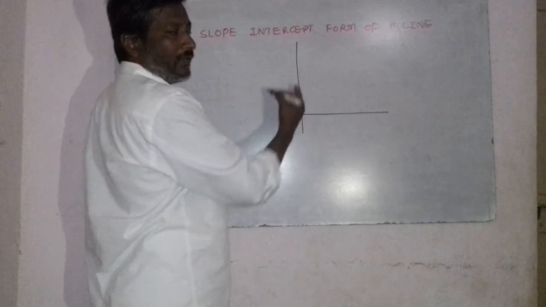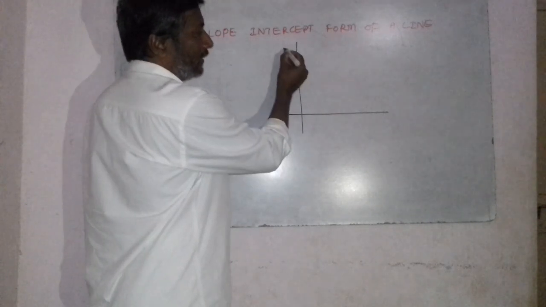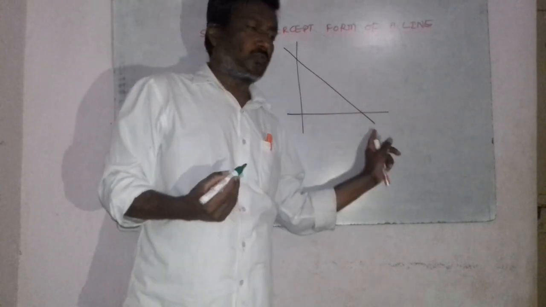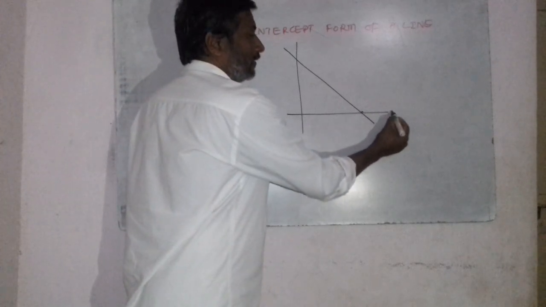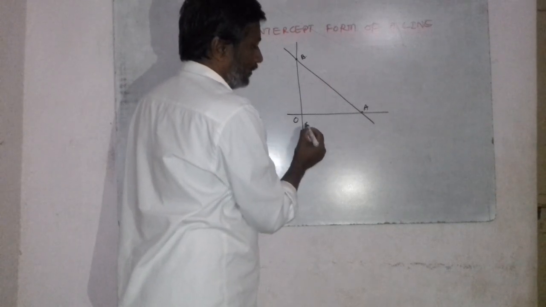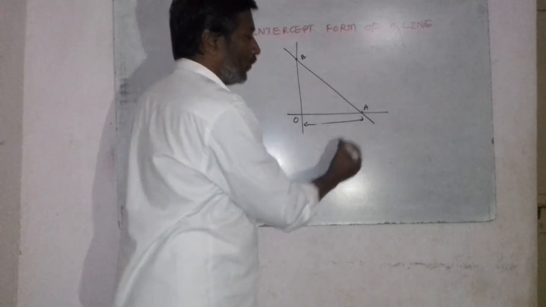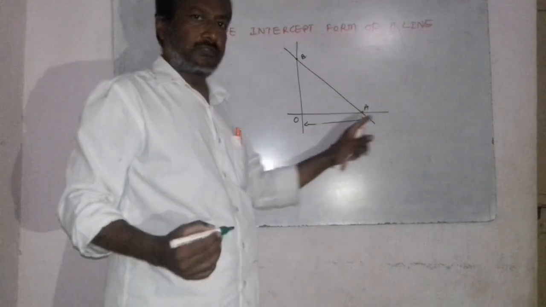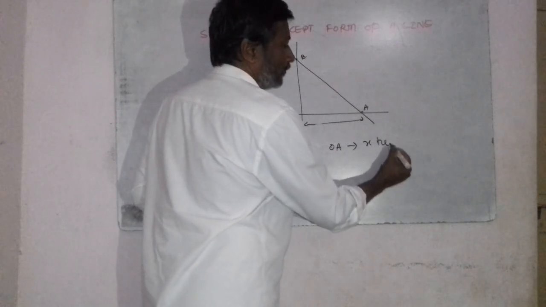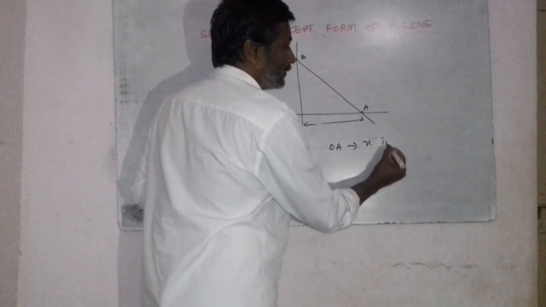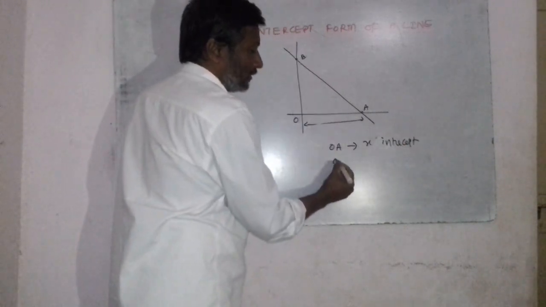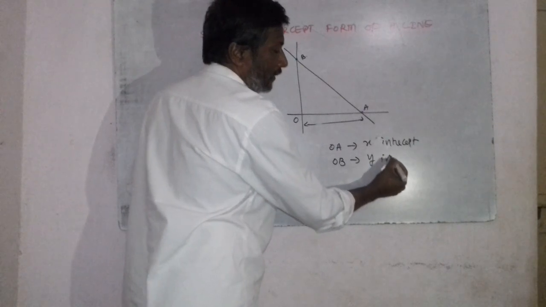Distances on the x and y axis. That is, if a straight line cuts the coordinate axis at A and this is B, then this distance OA is known as the x-intercept, and OB is known as the y-intercept.